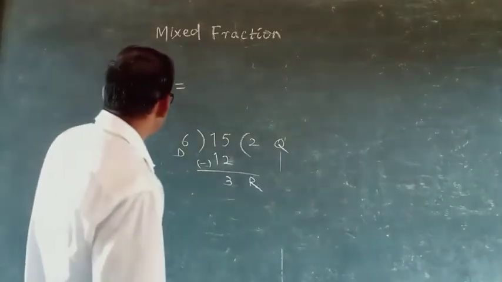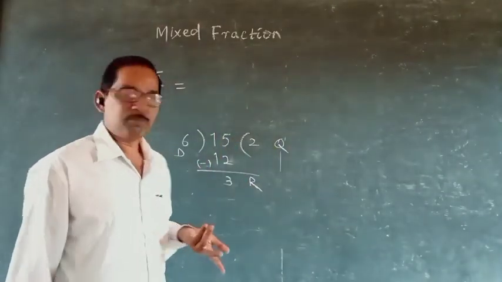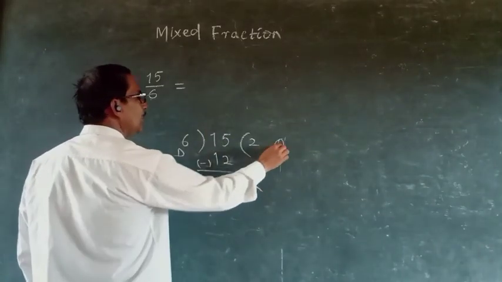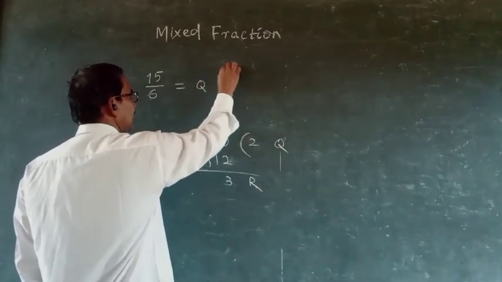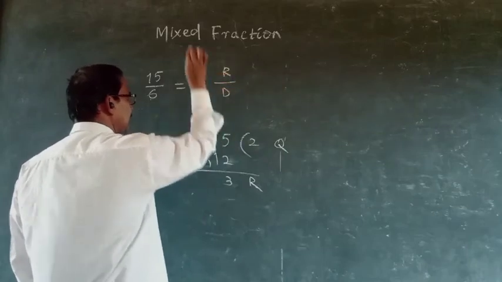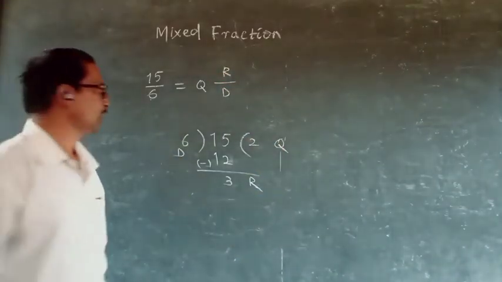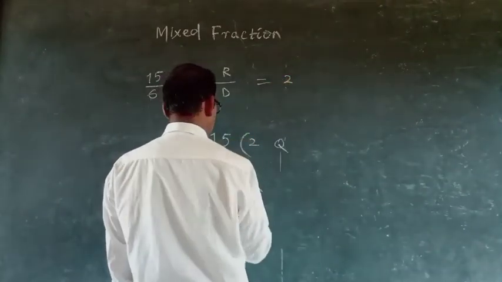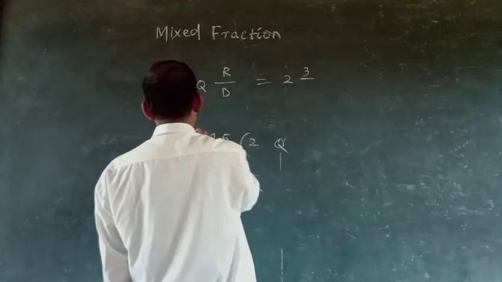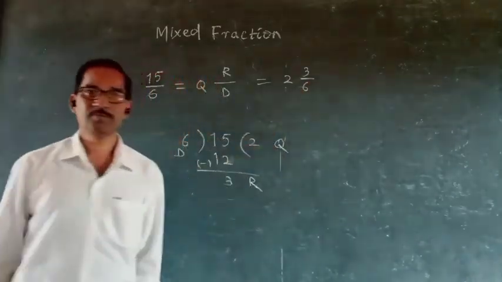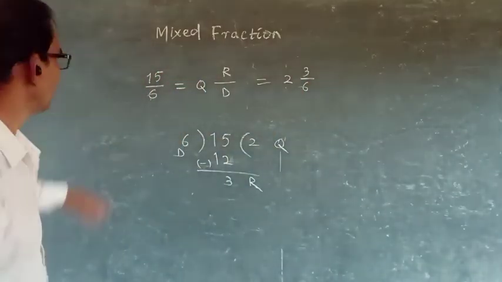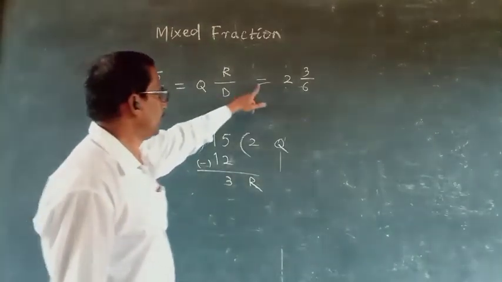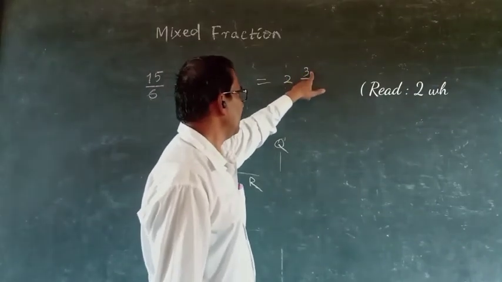Now 15 by 6 can be turned into, first you write the quotient, then the remainder, then the divisor. That means it will be 2 full 3 upon 6. So 15 upon 6 is equal to 2 full 3 upon 6.